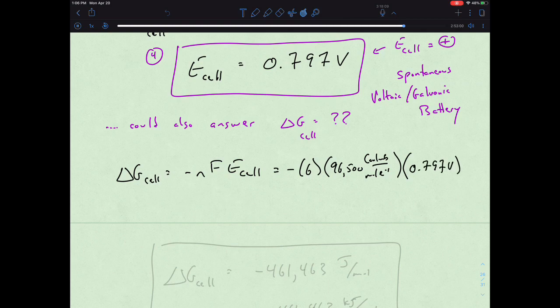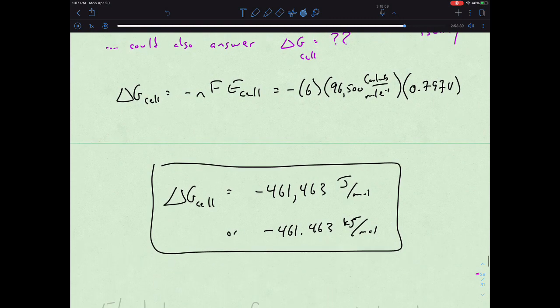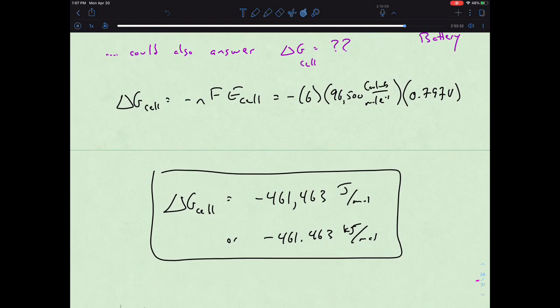And so our delta G for the cell not at standard state turns out to be negative 461,463 joules per mole, right? Or a negative 461.463 kilojoules. If we wanted to go to that next step, we now know cell potential not at standard state, well, we can go now to delta G not at standard state.